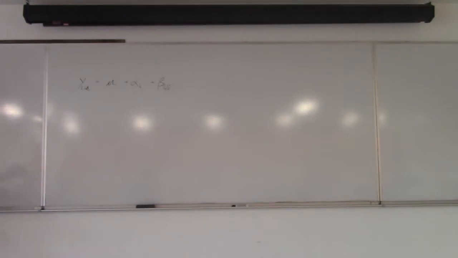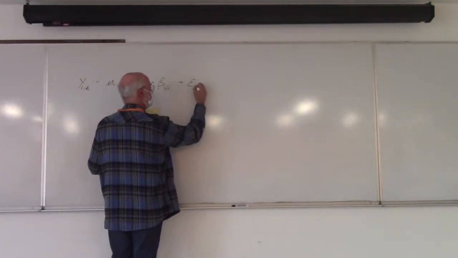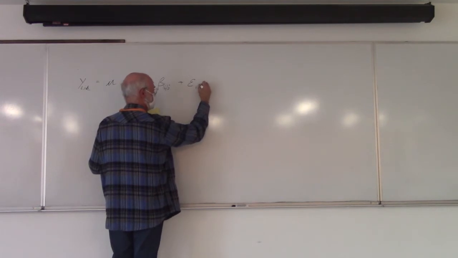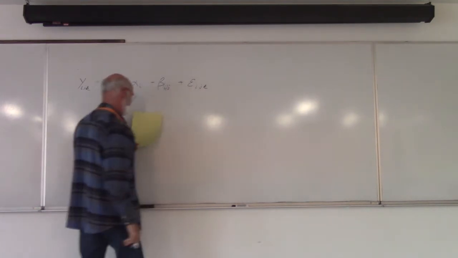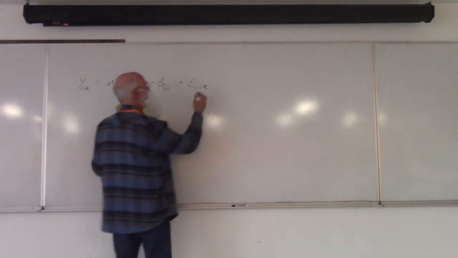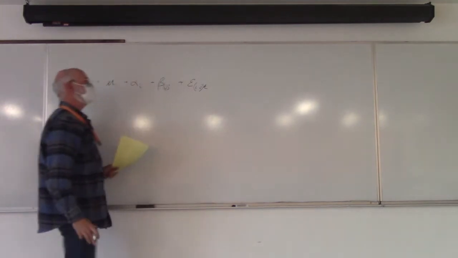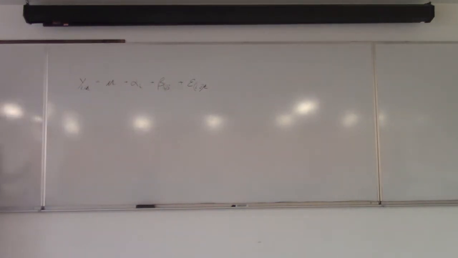Then in addition to that, I'm going to have my error term, my epsilon, and typically I would write epsilon ijk, except now I have my individual leaves, and they are nested inside my spray-tree combination. So the way I indicate that nesting is by putting parentheses around the subscripts.